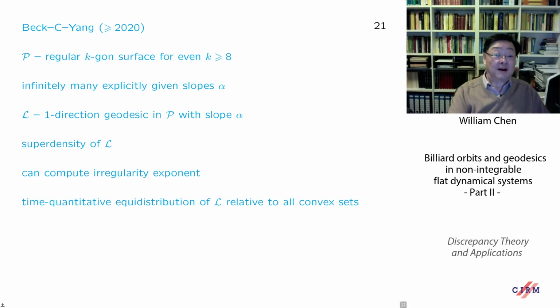Therefore, we have the same result for the regular octagon surface, and we can see that a similar argument will give similar results for a regular polygon surface with an even number of sides greater than or equal to 8. Now, I would like the audience to think about what happens in the case k equals 6.